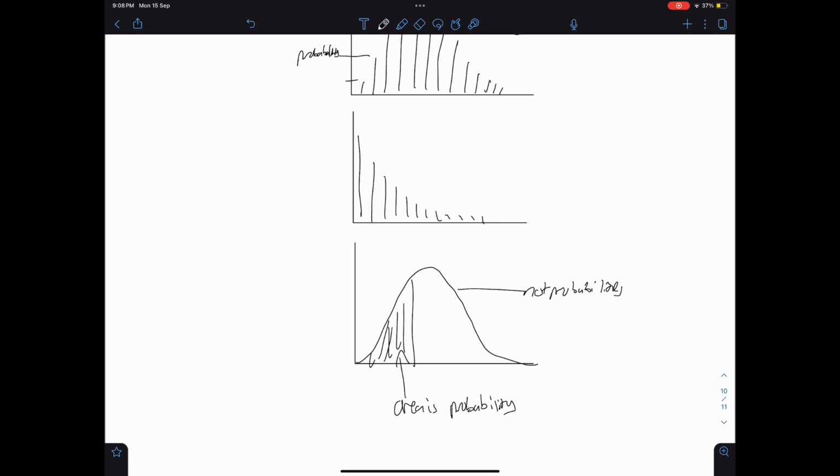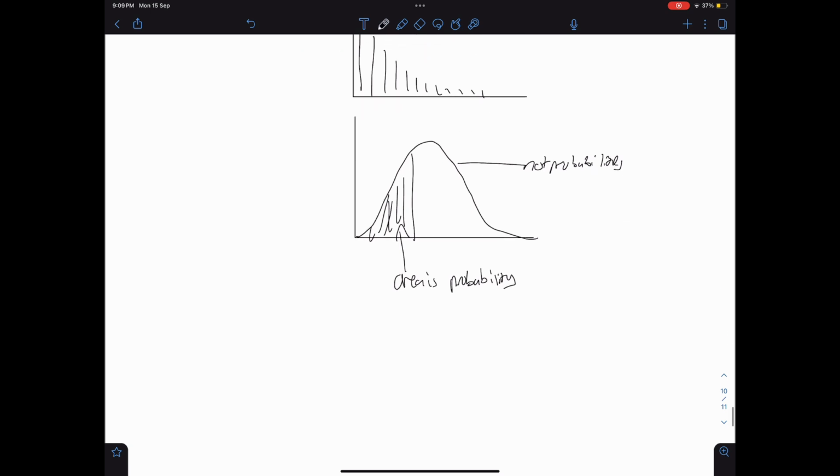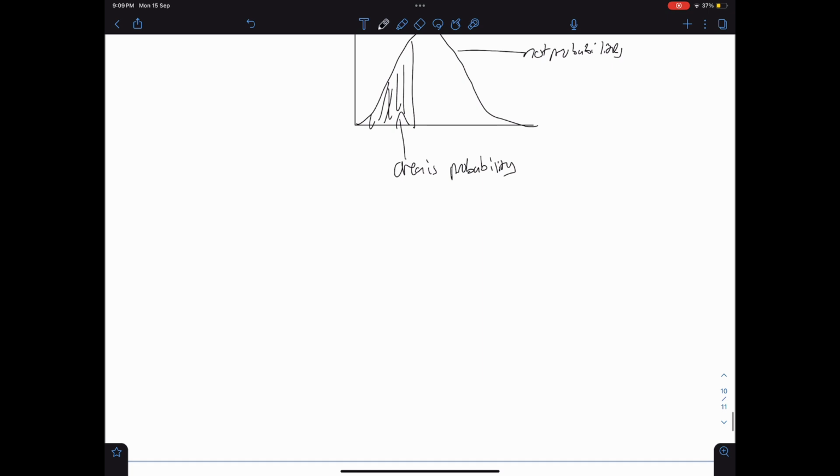Now the continuous random variable that you study in AS is the normal distribution, normally distributed continuous random variables.